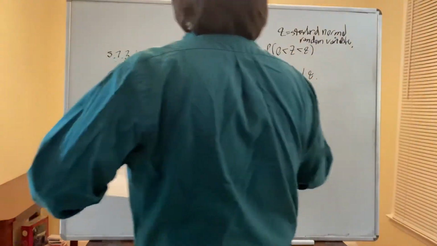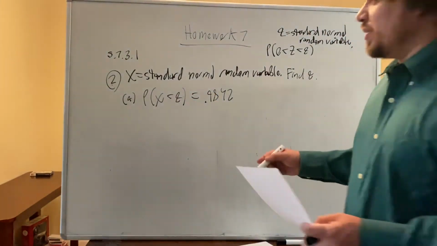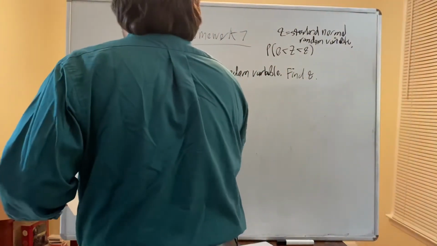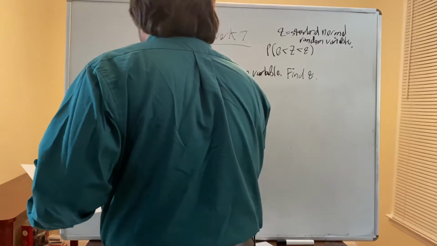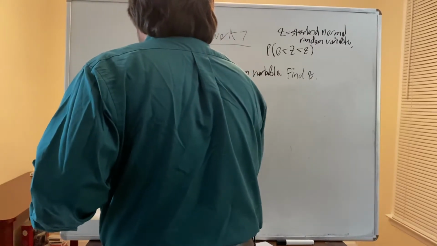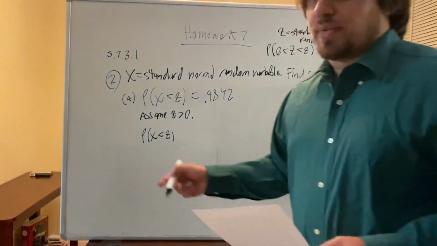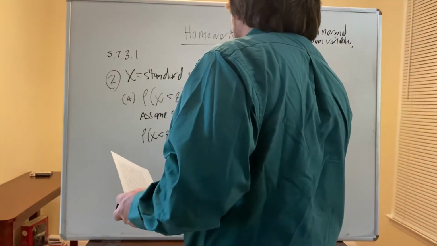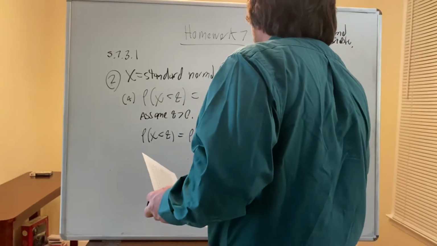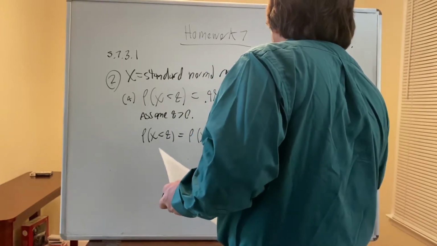And so I'm going to assume z is positive, okay? So then the probability that x is less than z, where z is a positive number, is the probability that x is less or equal to 0, plus the probability that 0 is less than x less than z.